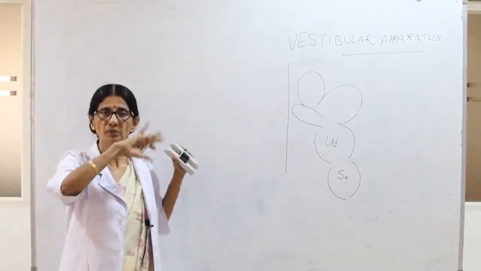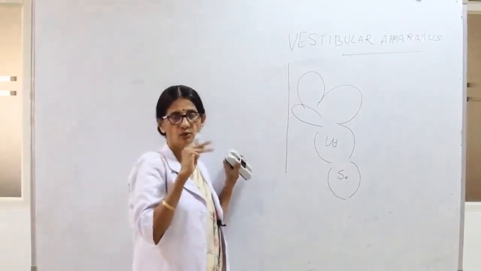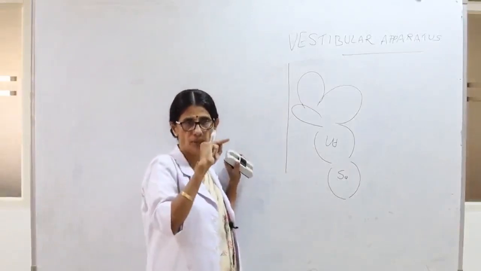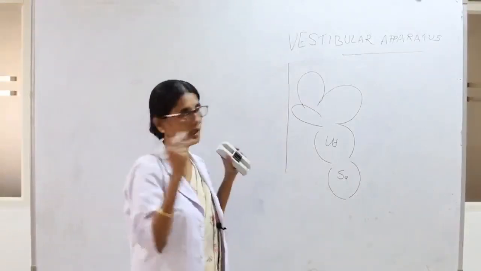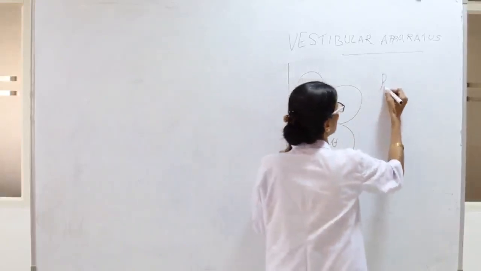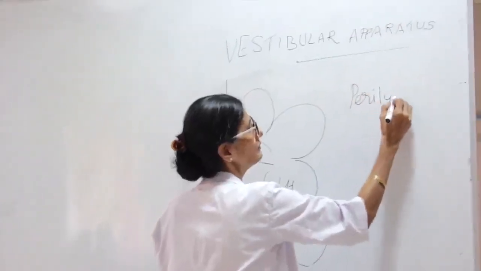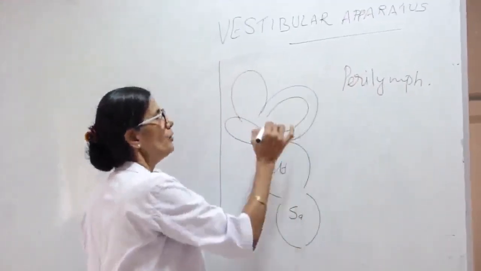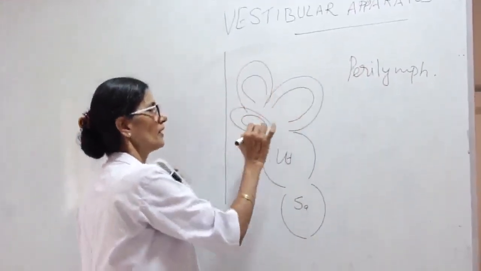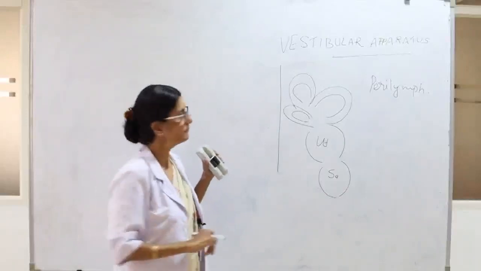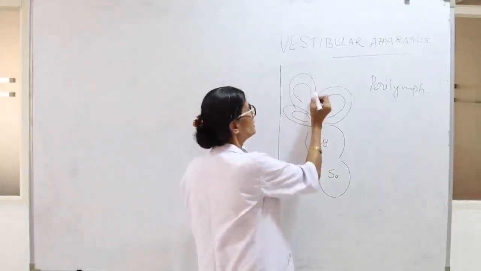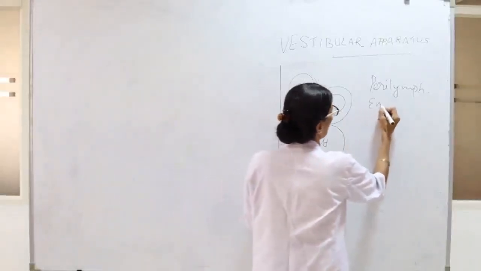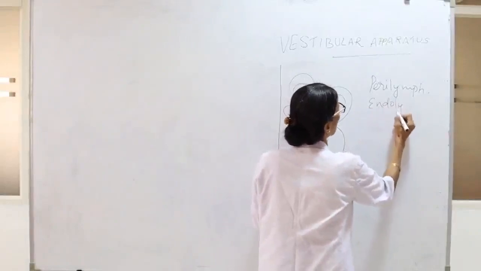The membranous labyrinth is lining the bony labyrinth, so there is a fluid between the membranous labyrinth and the bony labyrinth which is called perilymph. So we have the bony labyrinth which is filled with perilymph. At the same time, the membranous labyrinth is there which is filled with a fluid called endolymph.